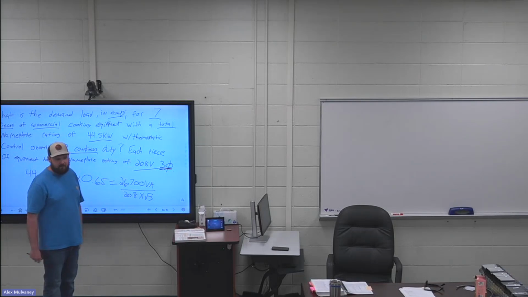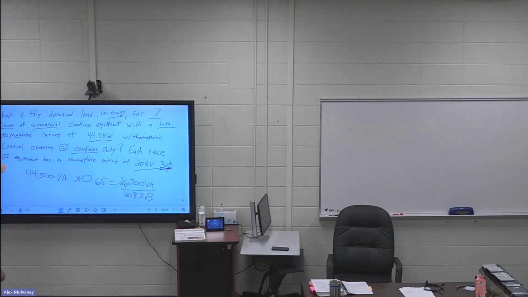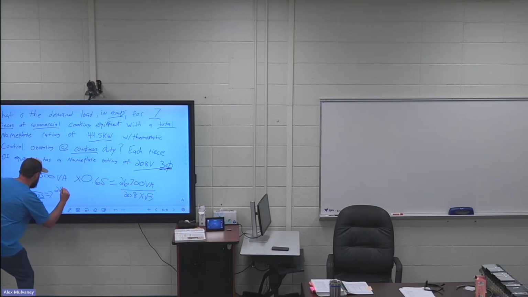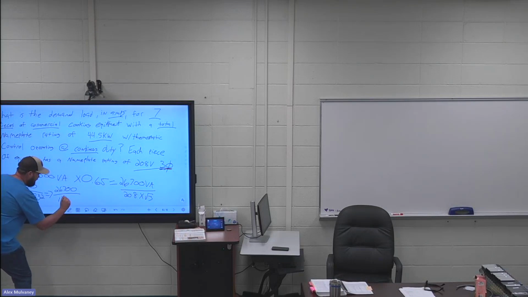If you put the square root of 3 in your calculator, what do you get? 1.732. Now 208 times 1.732 is what?